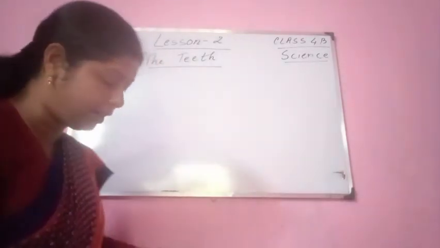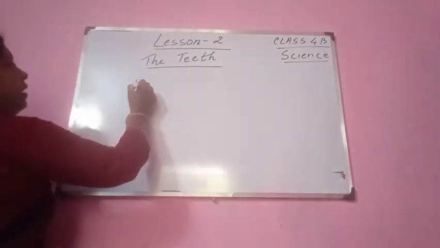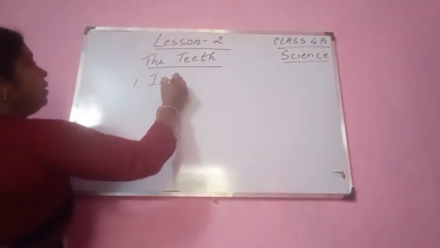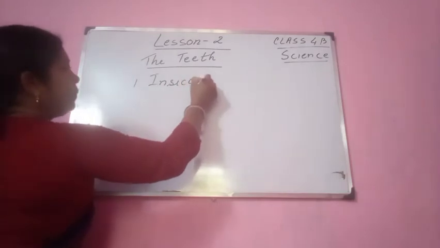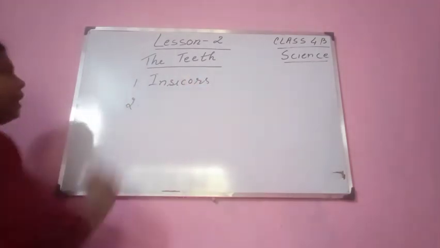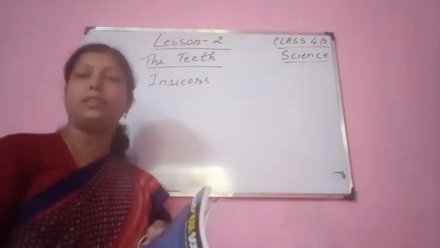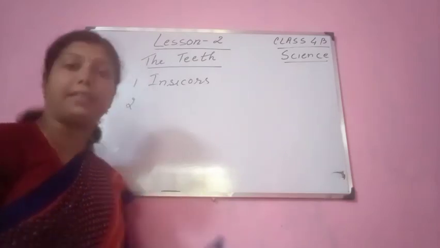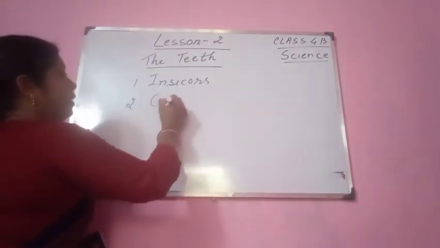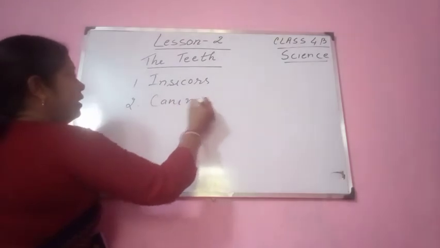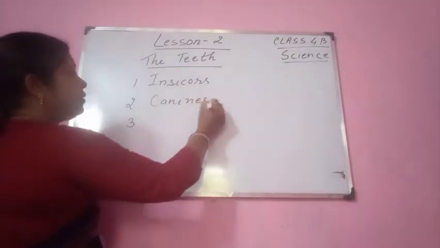So you see, number 1 is incisors. First you see what the kinds are. Number 1 is incisors. Number 2 is canines.